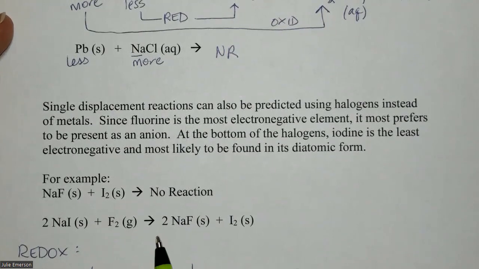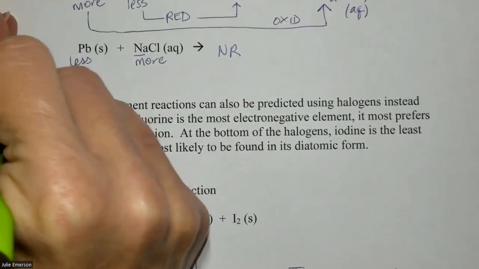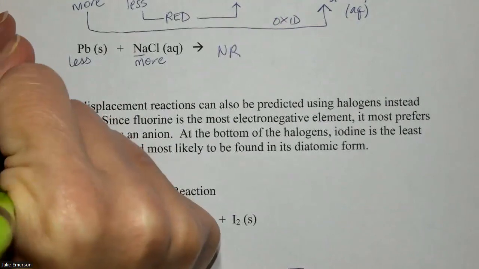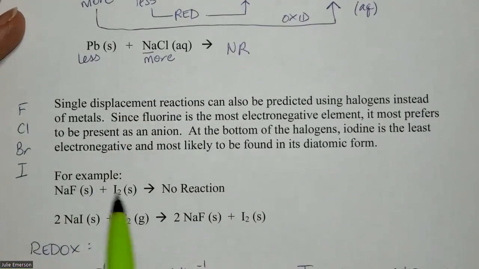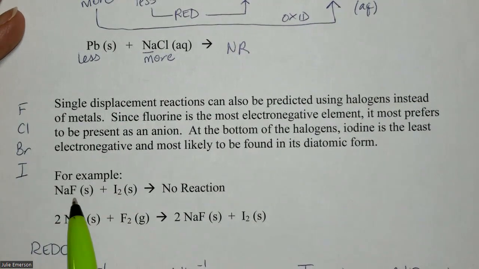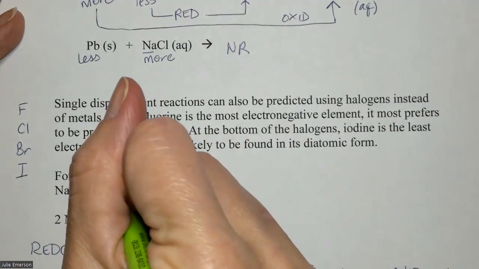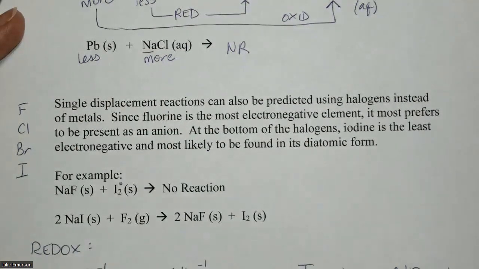Now, as I mentioned, we're going to be looking at single displacement reactions in lab, but we're going to be looking at the halogens. So we're just looking at the fluorine, chlorine, bromine, and iodine. And it's going to be very similar. You're going to have one of the halogens, in this case, the sodium fluoride reacting with I2. The I2 here is an element by itself, in this case diatomic, because remember, these are part of the Hofbrinkel.